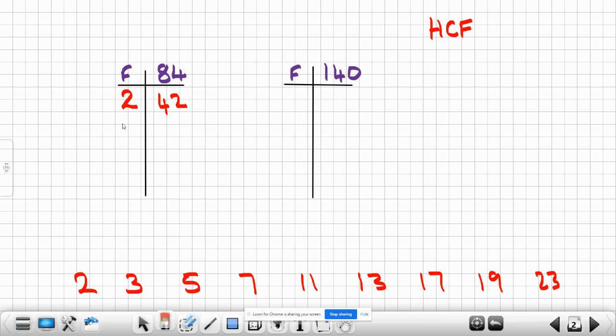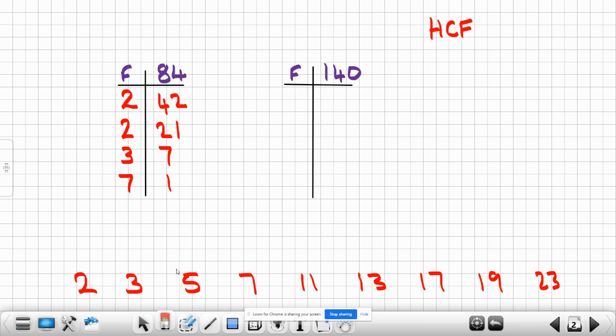Still got an even number, so once again I'm going to divide by 2 and I'm left with 21. No longer even, so I'm going to move on because 3 is a factor of 21. So if I divide by 3, I'm left with 7. 7, also a prime number, so we divide by 7 and we're left with 1.